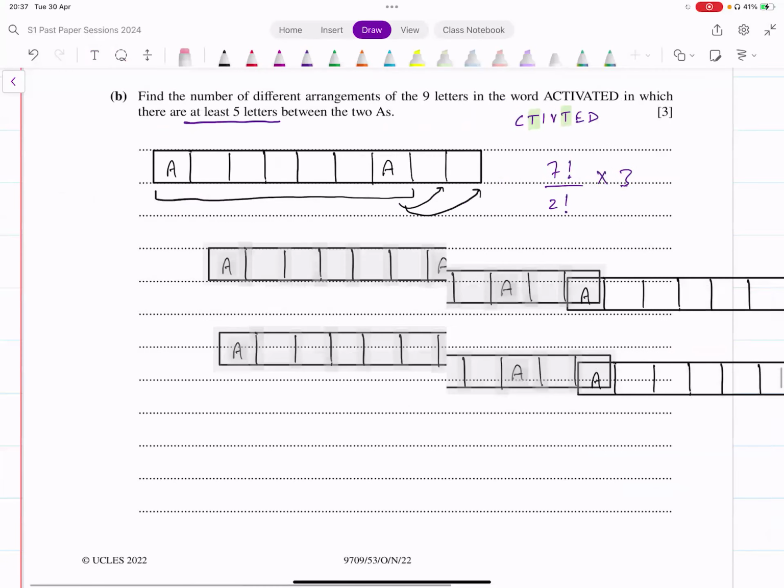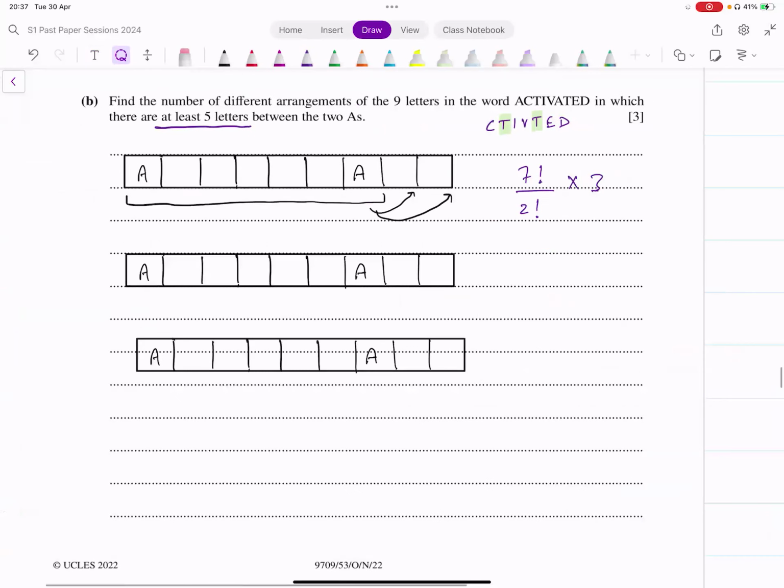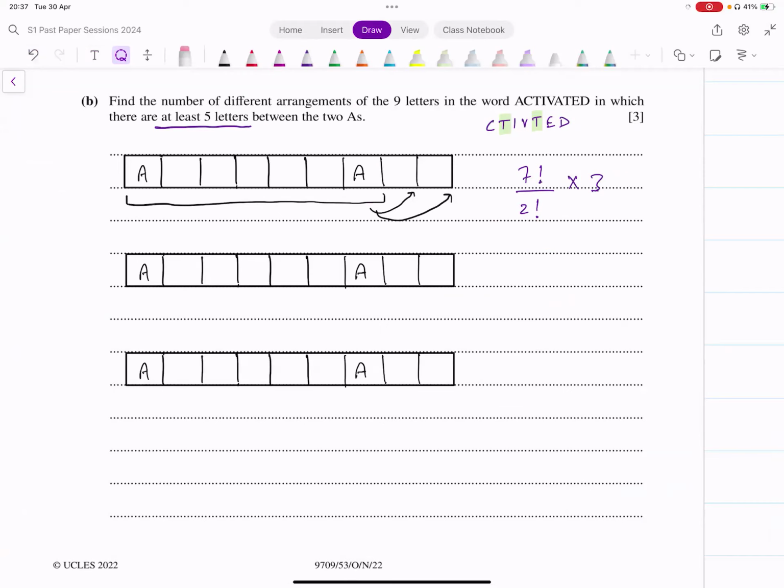What if you have 6 letters between the two A's? And then in the last case, we could say you have 7 letters between the two A's. So the second case is you have 6 letters, and the last case would be you have 7 letters.